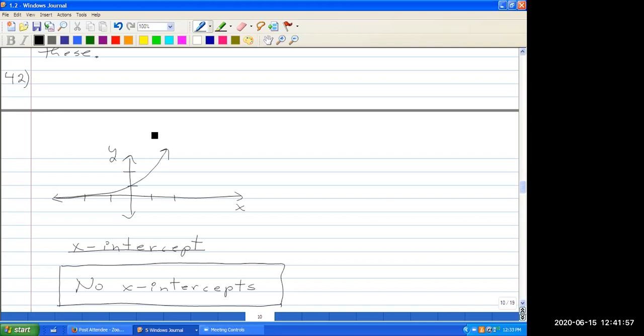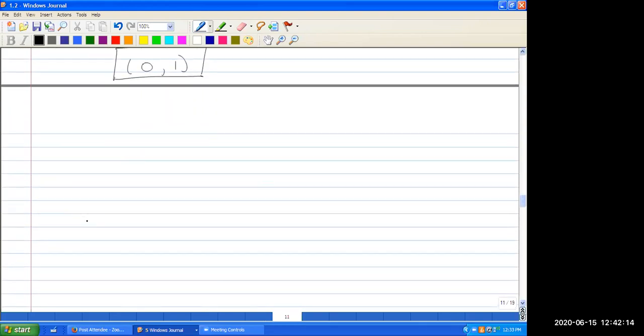Is it symmetric about the origin? Meaning if you flip about the y-axis and the x-axis, does it look the same? Well, certainly not, because that would make points up here go to points down here, and there's no points down here. So that's certainly a no. So it's neither.